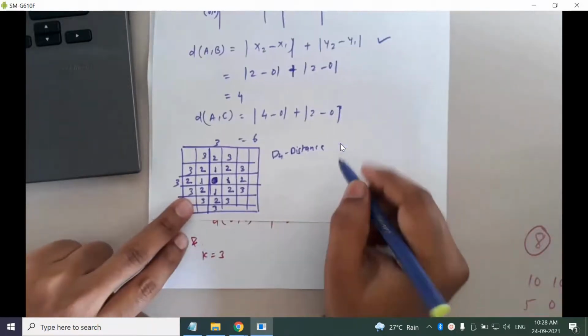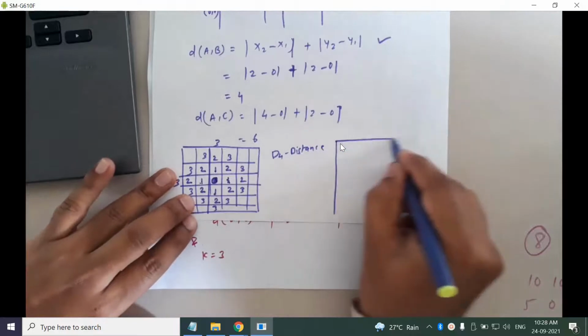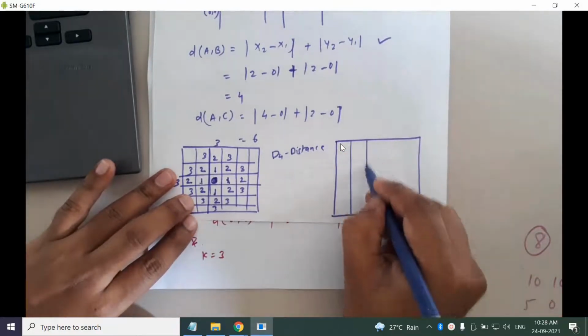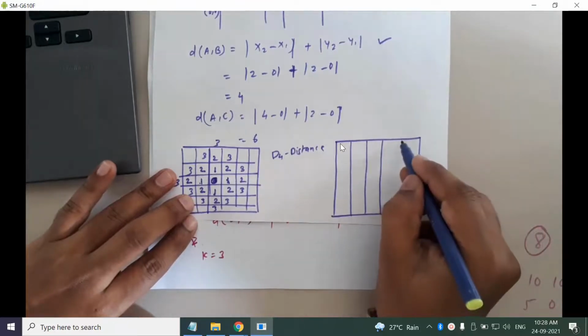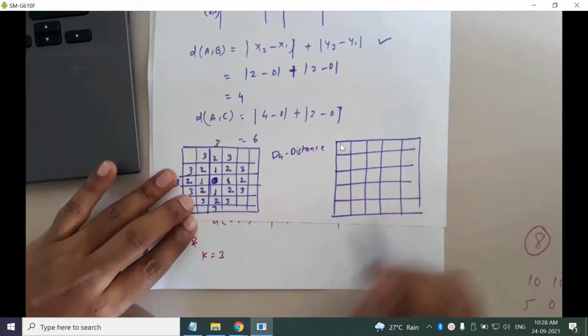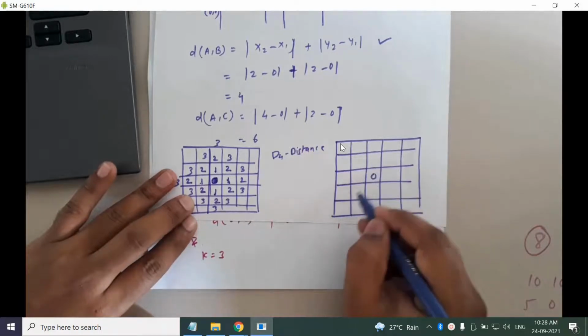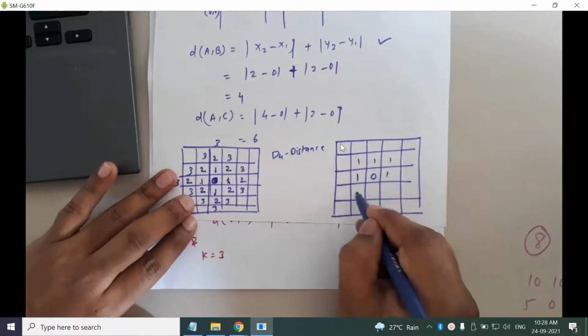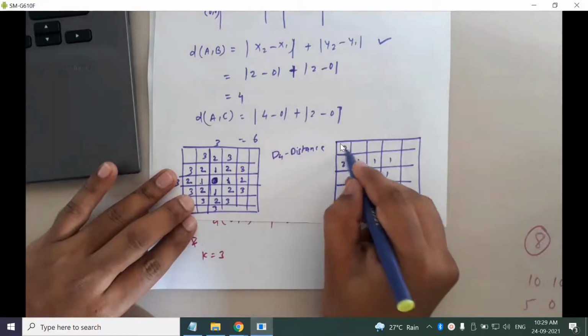And there is another distance metric. They can replace the distance metric with this one also. The distance metric will be explicitly mentioned in the problem. It varies like this: the first one, the center, will be 0, then 1 1 1 1 1 1 1 1, then 2 2 2 2.